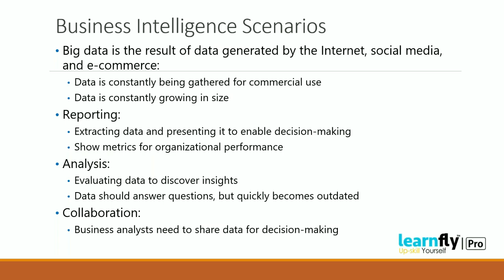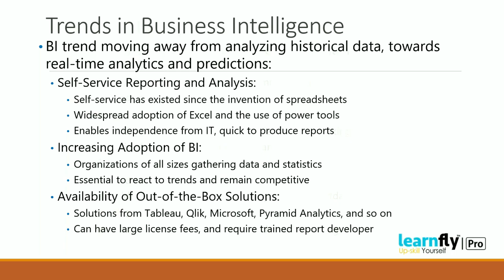So analysis is a very important major part of BI, and collaboration is again a very important part of BI. There are different trends in the market for analyzing data in BI, like historical data or current data. In historical data, let's say we are fetching the data from some other sources. Take the example of a banking system.